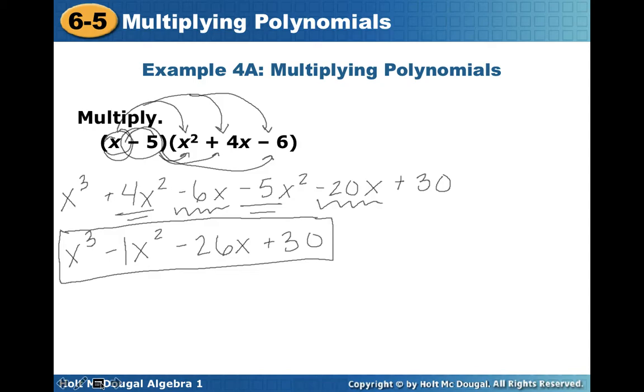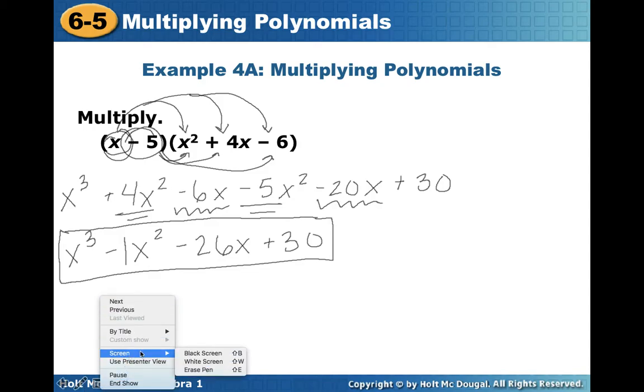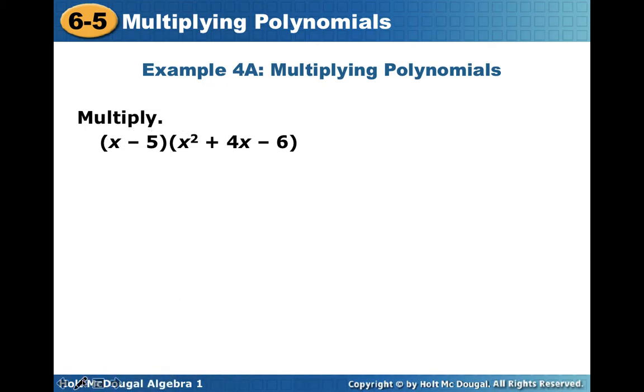Now that is one of the 3 methods, so let's try clearing the screen, and I'll show you the second method. The second method was the box method. The way you can use the box method is you create a 2 by 3 box. 2 being because we have a binomial, a 2-piece, by a 3-piece, or a trinomial.